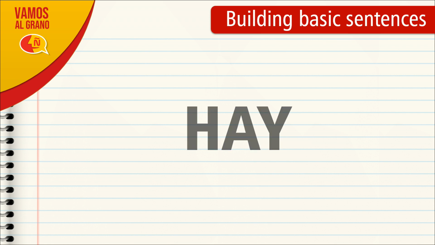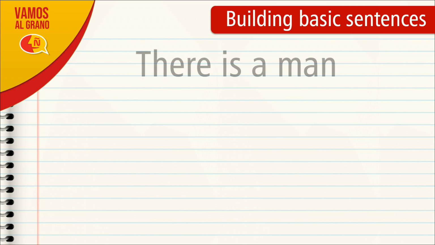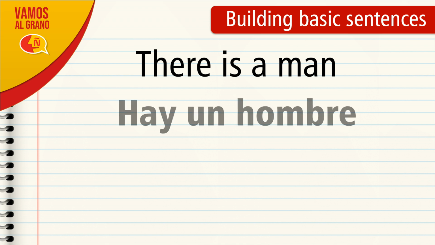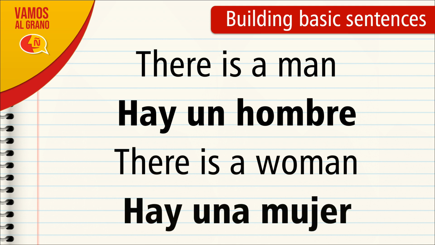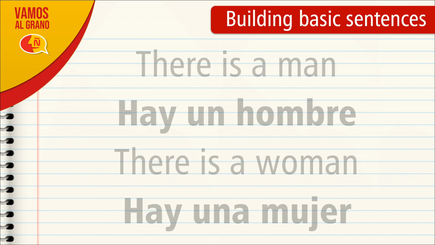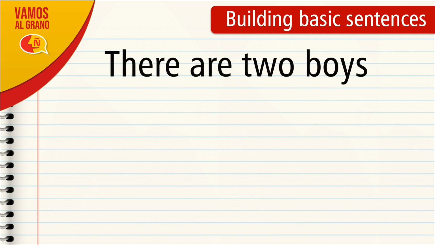So let's have a look at some simple basic examples. There is a man. How would you say this in Spanish? Well, it is hay un hombre. Hay un hombre. What about there is a woman? Hay una mujer. Hay una mujer. Now, what about when we use the plural? How would you say this in Spanish?